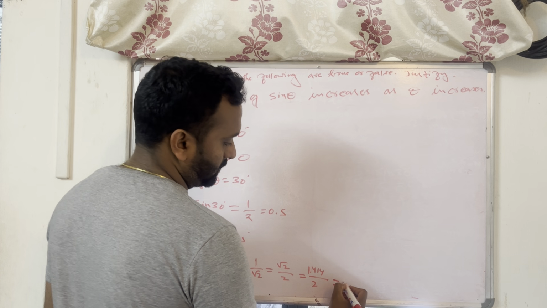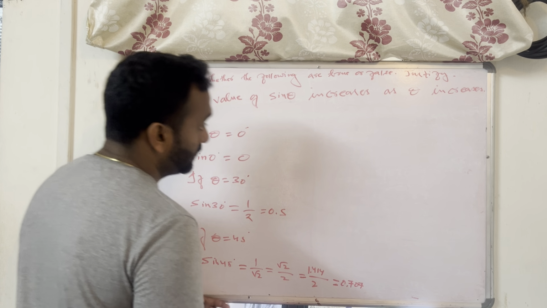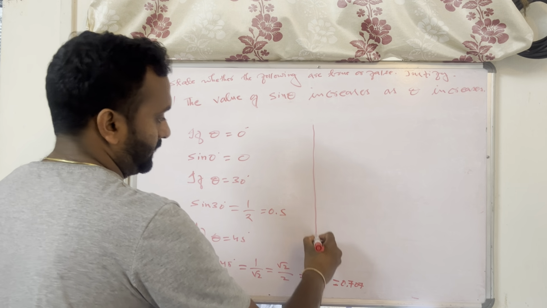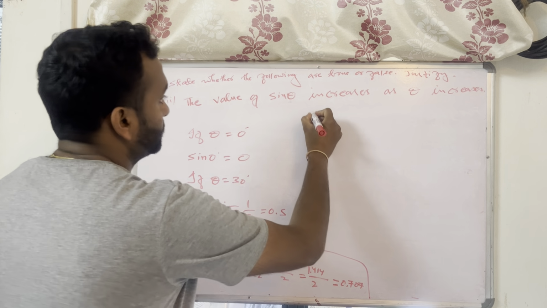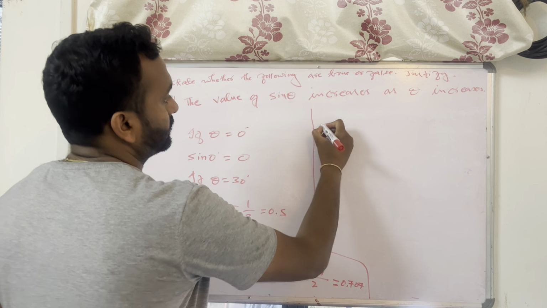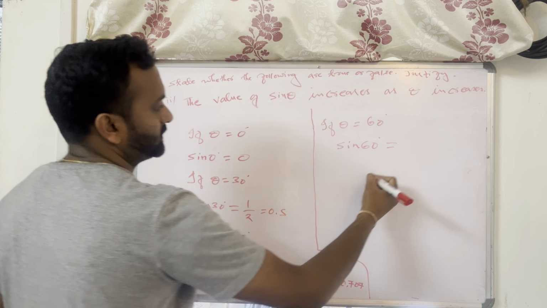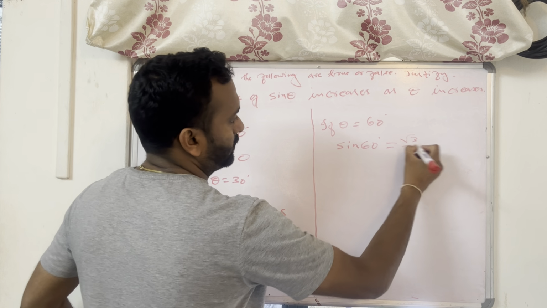We are going to get 0.707. And if theta is 60 degree, sine 60 degree will be how much? Sine 60 degree will be root 3 by 2.